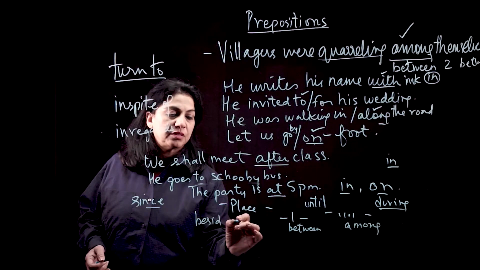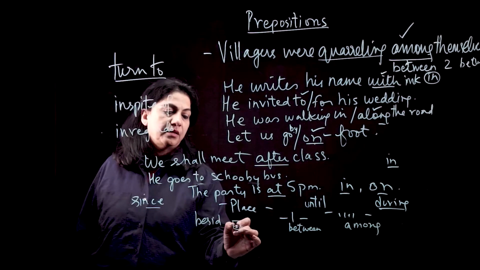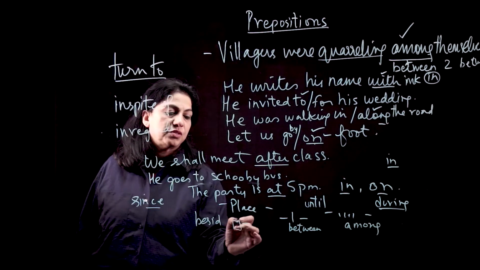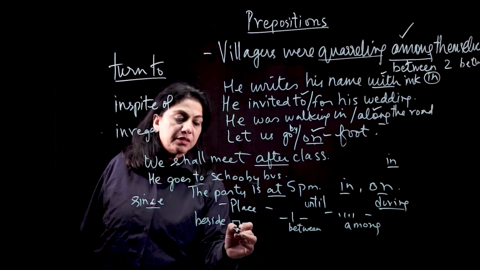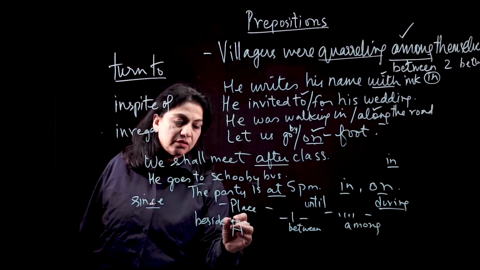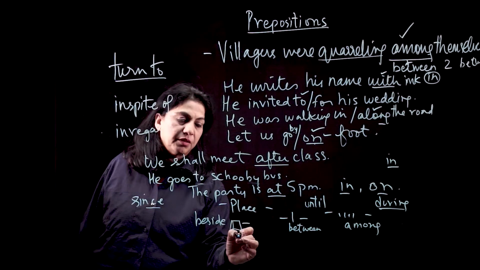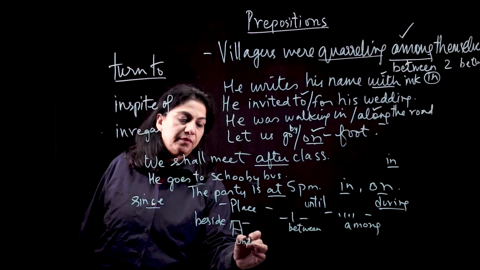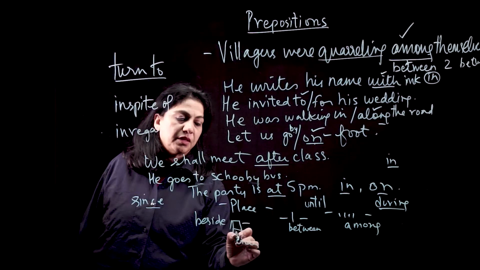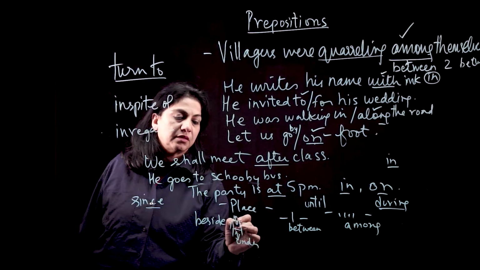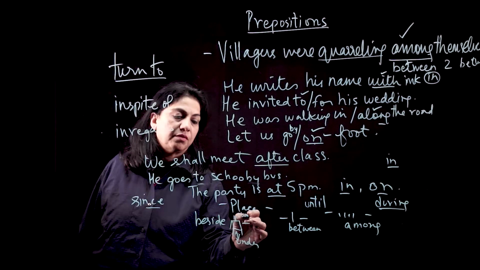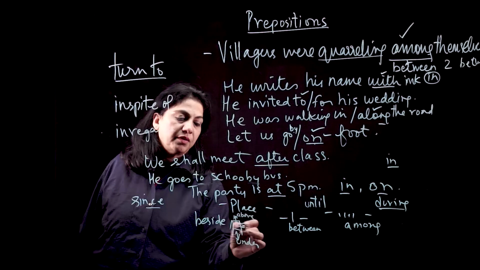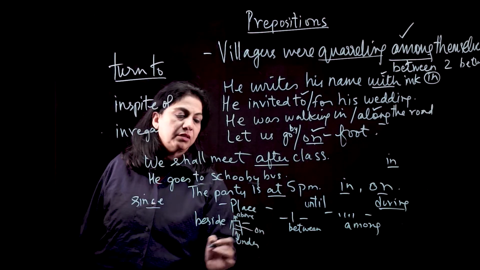And then you have another, which is "beside." Let's suppose this is our chair and you are sitting this side. So you're sitting beside, at the side of. Then the cat was under the table. So this becomes "under," and this is a table, so this becomes on the table.